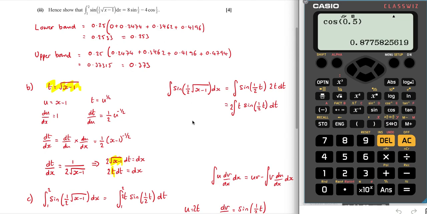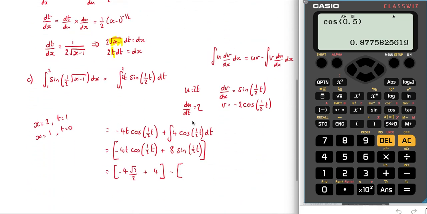Ooh, they haven't worked these things out. Let's try doing that then. Odd way of doing it. So x is 2, so we're going to get t is 1. So I've got minus 4 cos a half plus 8 sine a half minus, oh, that's all 0.